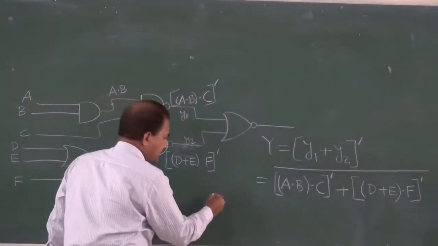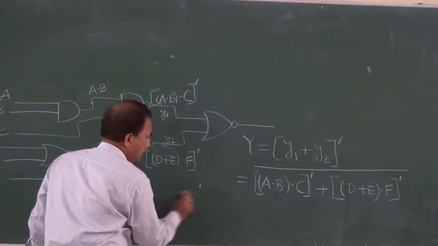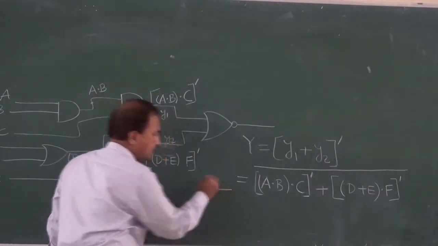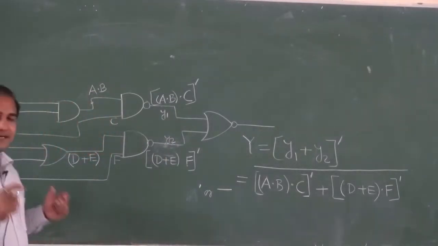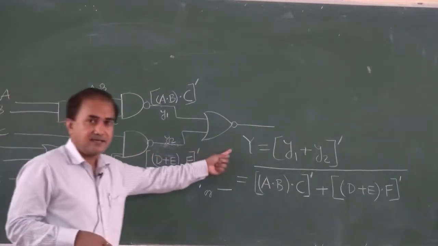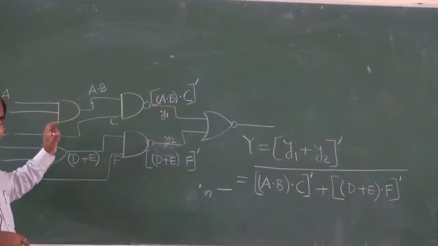You can represent complement like this, or this. So in this way you can determine the output expression from the given gate level diagram.